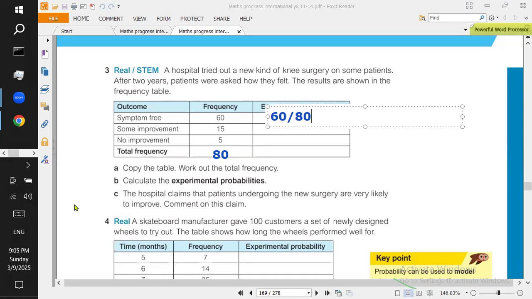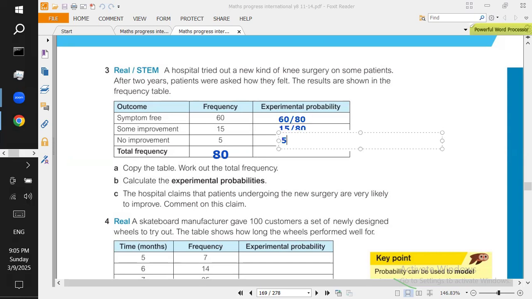Here, 15 over 80. And here we have 5 over 80. And this is how you find the experimental probability of each one of them. So first we find the total and then the experimental probability.